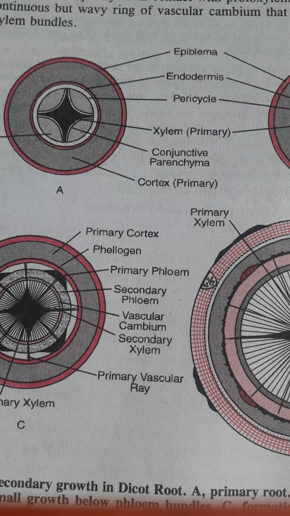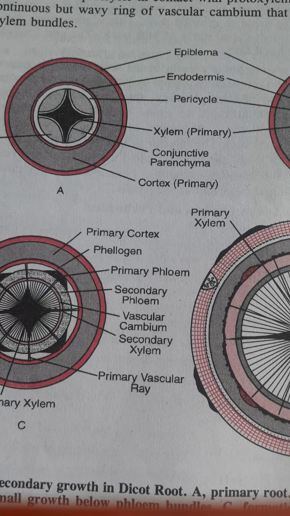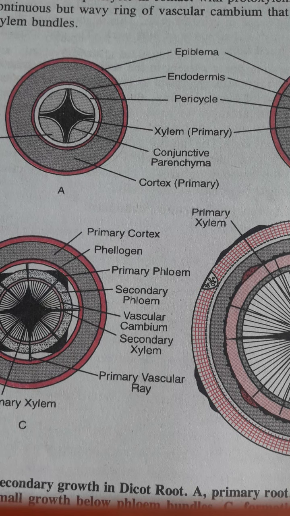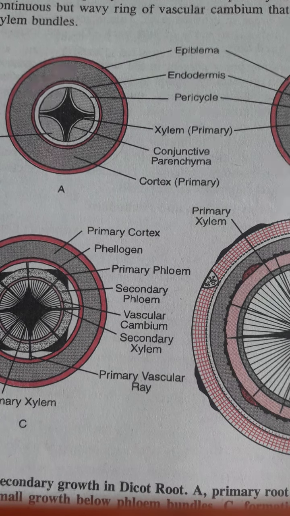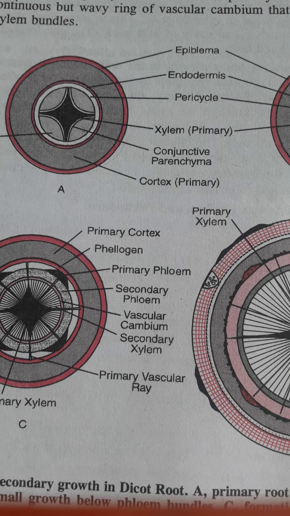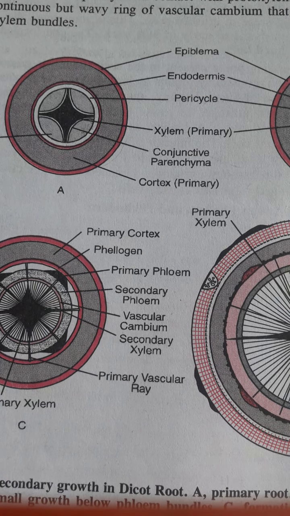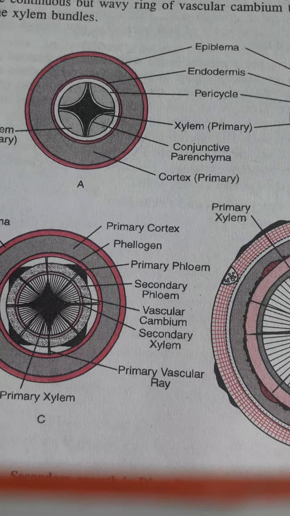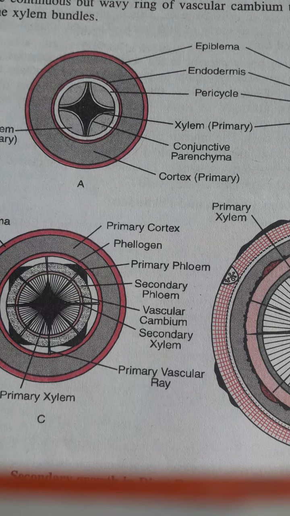Okay, now next comes the cork cambium. The cork cambium is responsible for formation of phellem, that is cork, isn't it? We have already studied about it. So now the cork cambium will undergo division, and they will form the phellogen portion or the cork cambium.